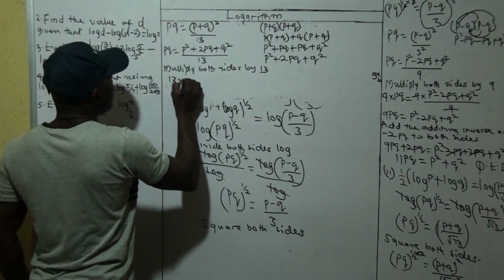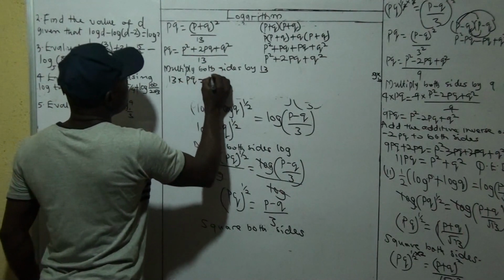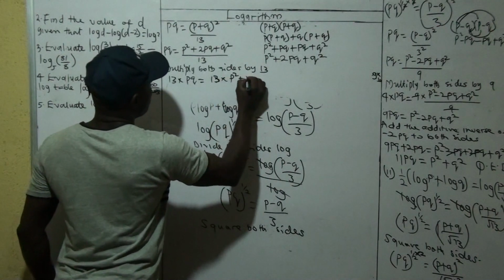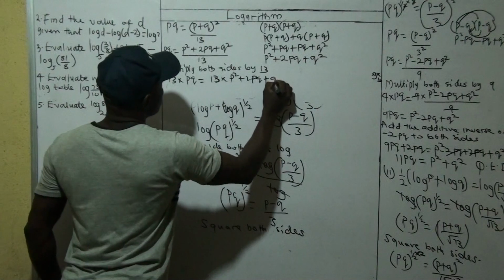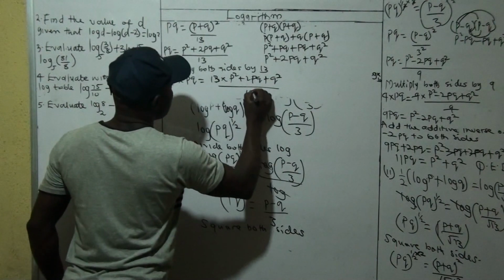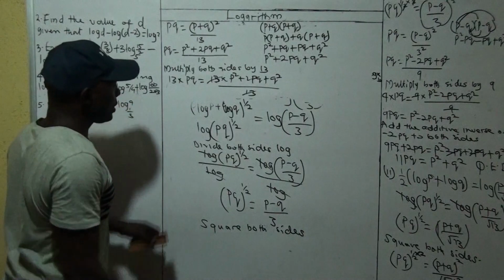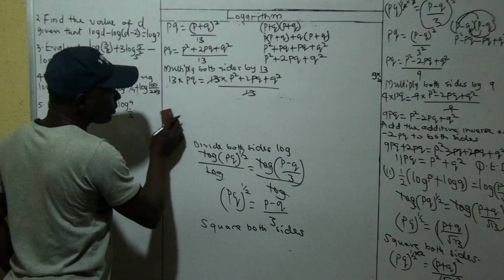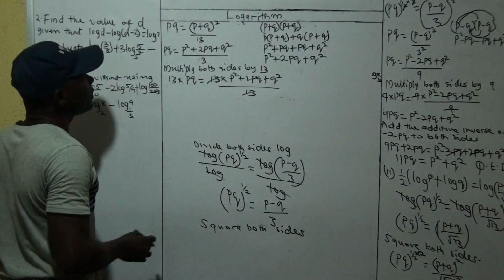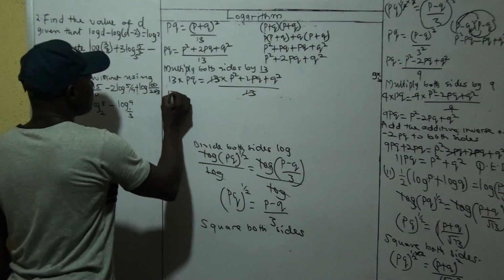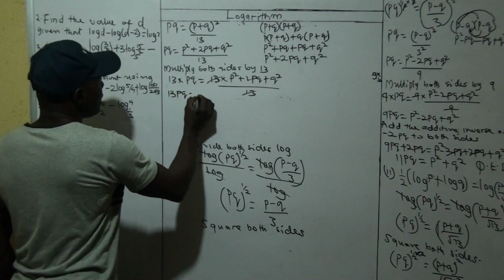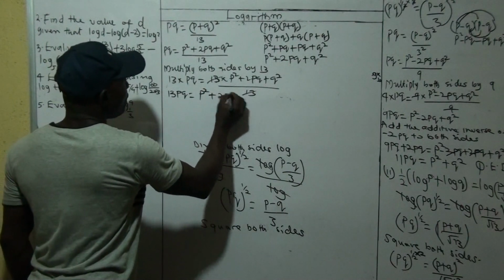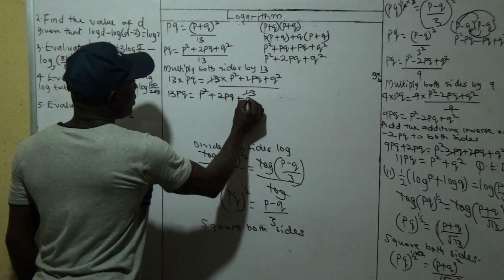So we have 13 times pq is equal to 13 times (p squared plus 2pq plus q squared) all over 13. So that this 13 will go with this. So yes, let's clean this part. Now here we have 13pq is equal to p squared plus 2pq plus q squared.